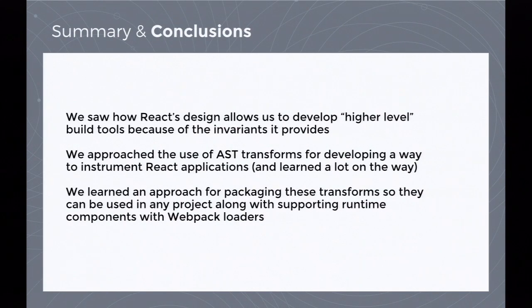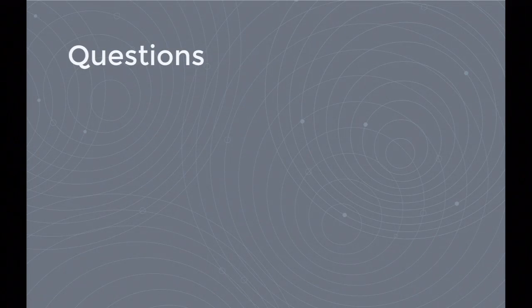But like I showed before, that's just one use case. There are so many other ones that we can look into. We also looked at an approach for packaging these transforms so that someone can npm install and immediately start using them in their own applications today. So with that being said, I'm free to take questions.